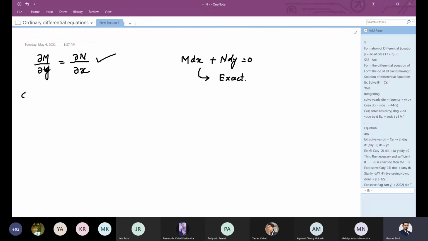So today what we need to see is non-exact. What do we mean by a non-exact differential equation?